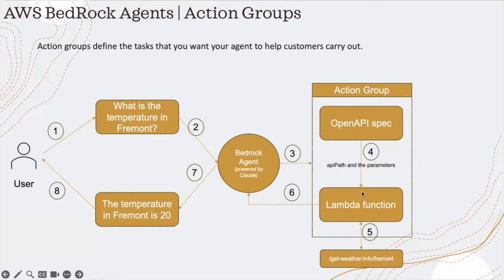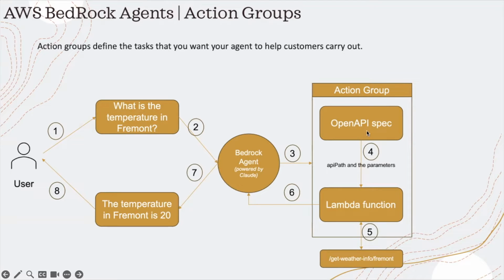And this is where we code the actual business logic of calling the endpoint using the parameters. And after we get the response, this is where we format the response in the way we want to, and then send this response back to the Bedrock agent.